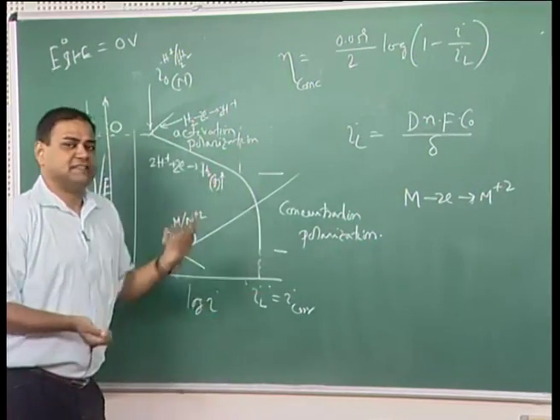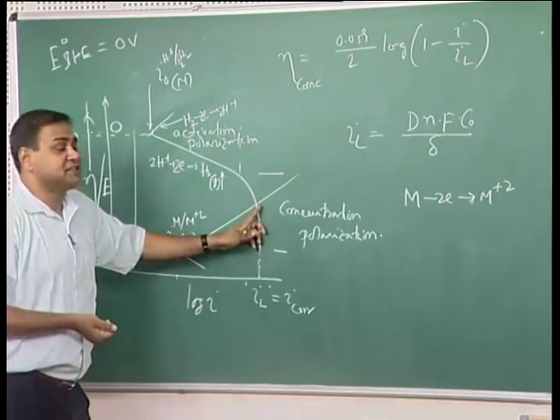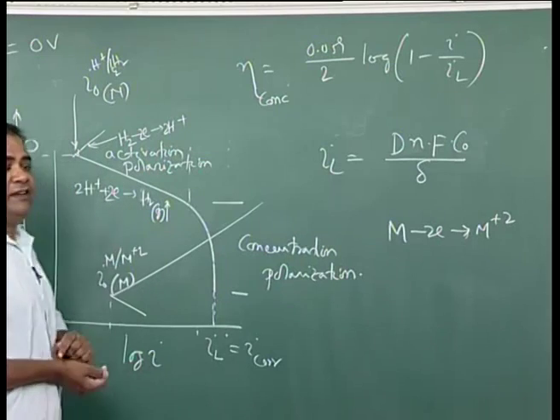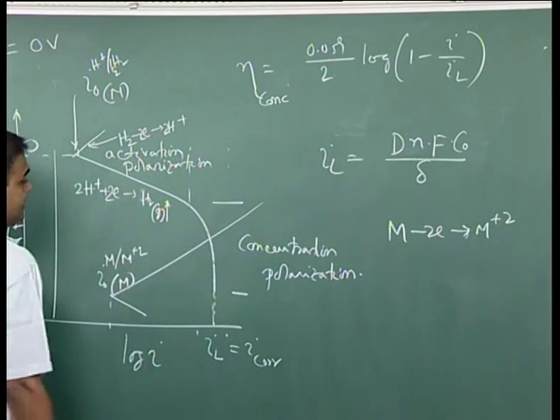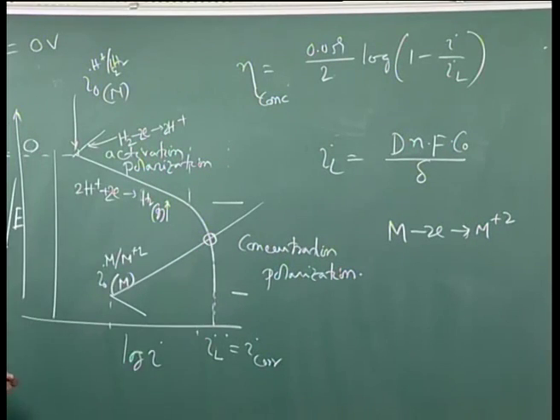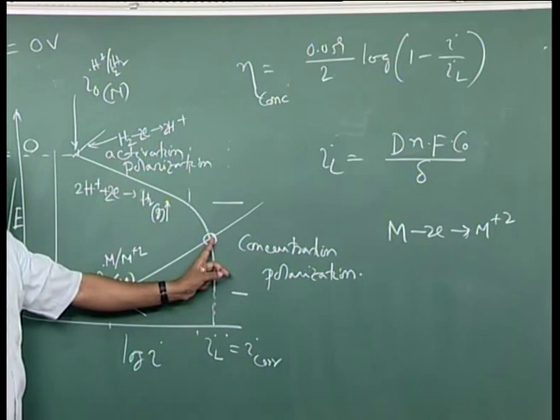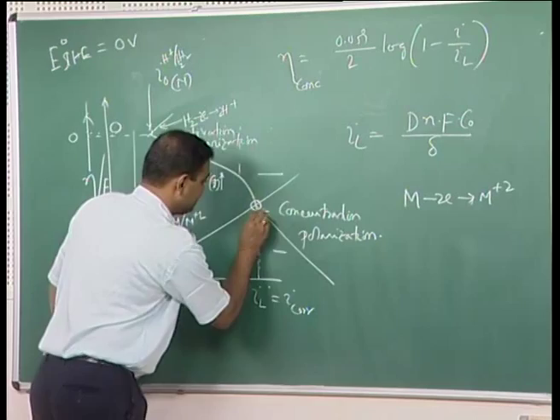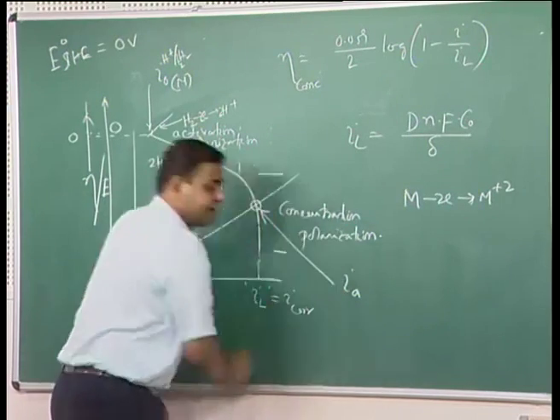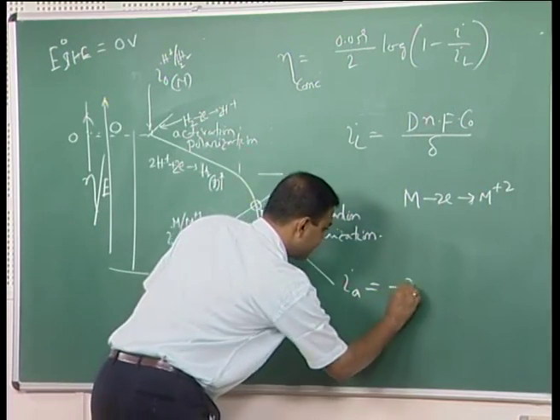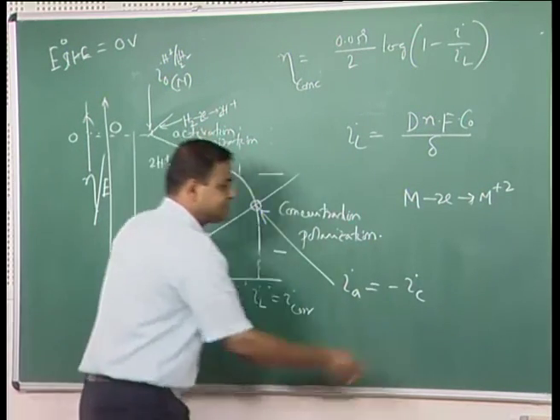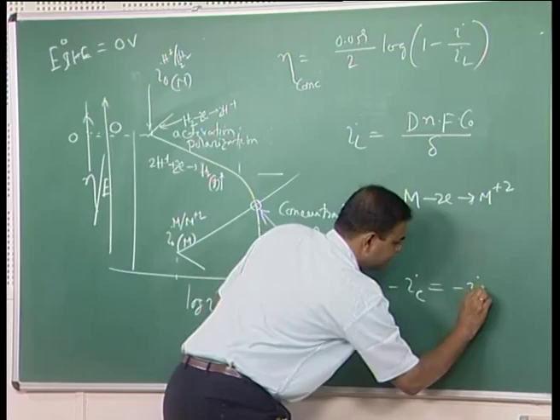At any point it can exist, but the actual existence will be decided by the cathodic and anodic polarization lines. This is my anodic polarization line, and here it cuts, and the corresponding current density at this point, IA, would be equal to minus IC. And what is IC? IC is nothing but minus IL.